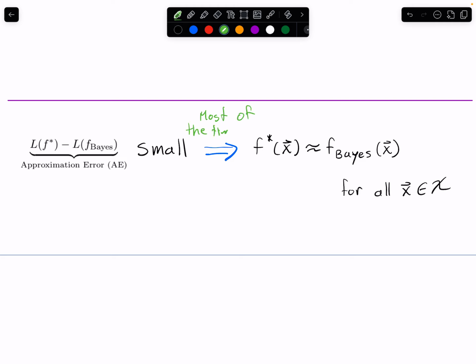Most of the time, this being small will really imply that the corresponding functions being plugged into the expected losses are themselves close. And what does it mean for two functions to be close in the way I'm speaking here? It means that if you look at every single feature vector in the set of feature vectors, and plug that into each one of these functions, that gives you a number.